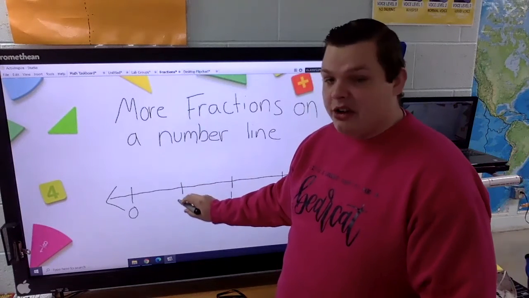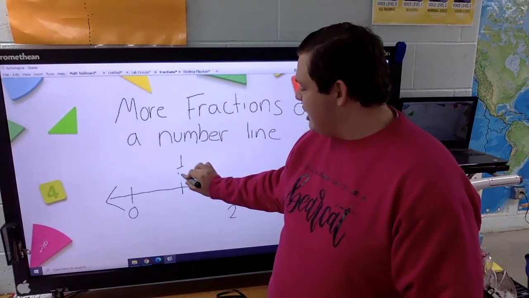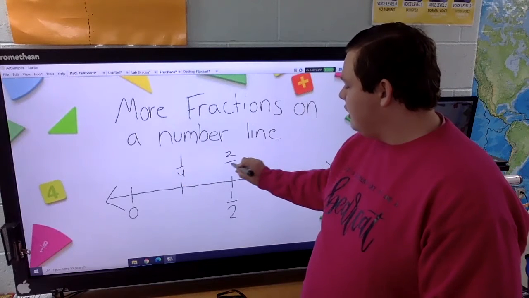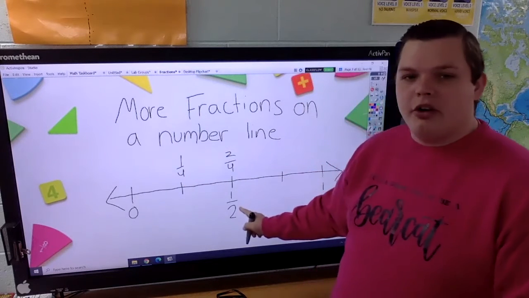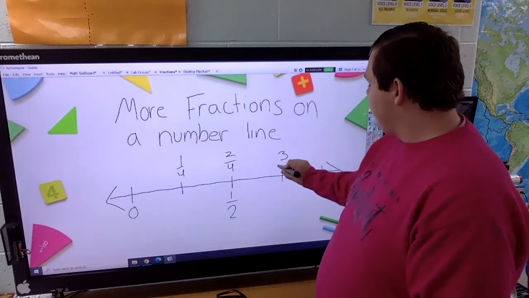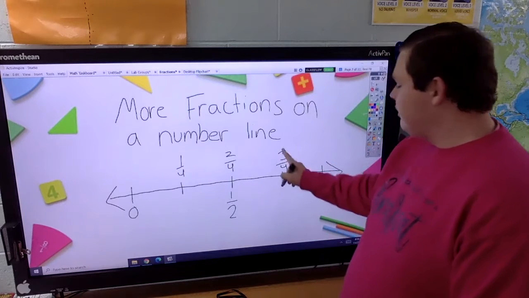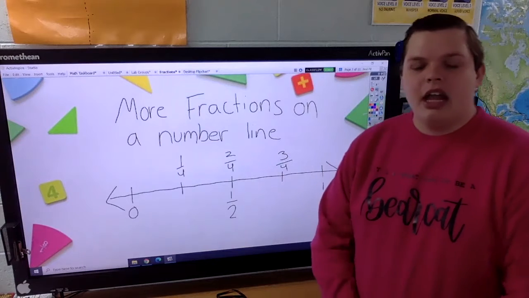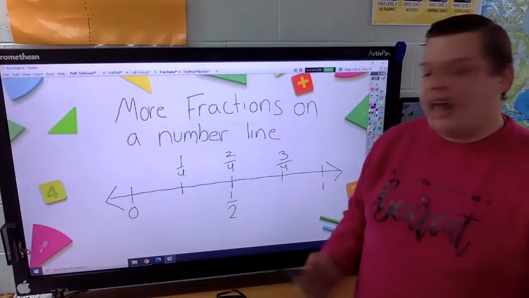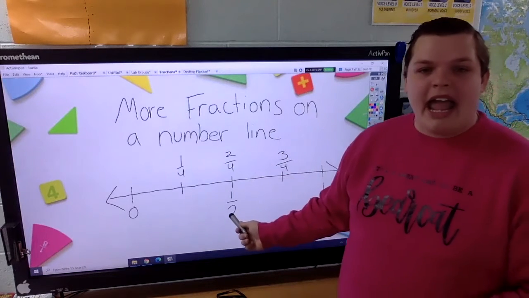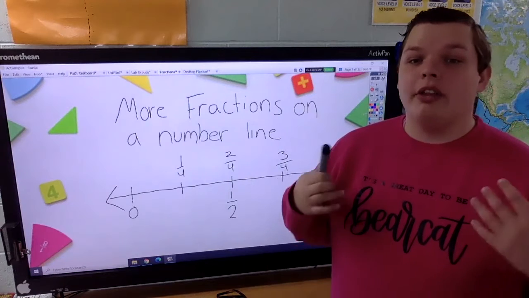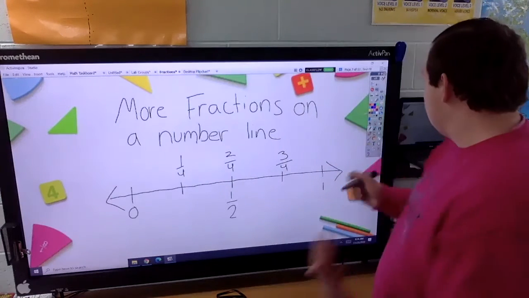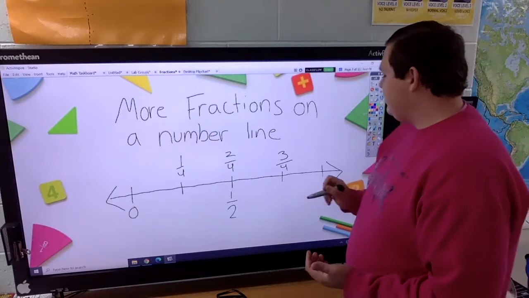It might be easier now to see 1/4, because we're 1 part out of 4, 2/4, 2 out of 4, 3/4, 3 out of 4, and then 4/4. And I'm not going to write that one down. But it might be easier to see now that 2/4 and 1/2 are equal to each other, or they are equivalent fractions.